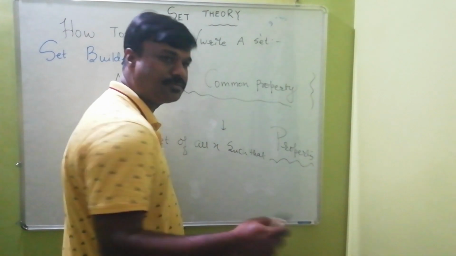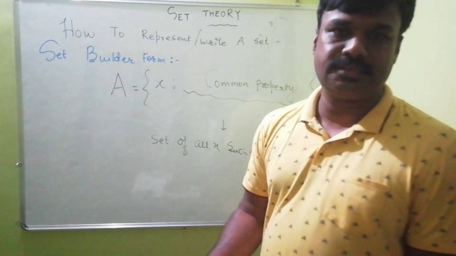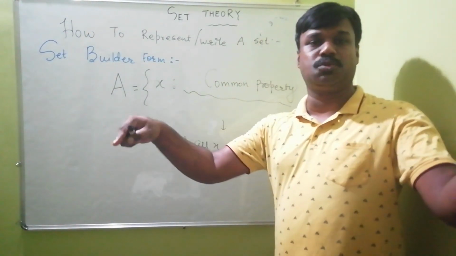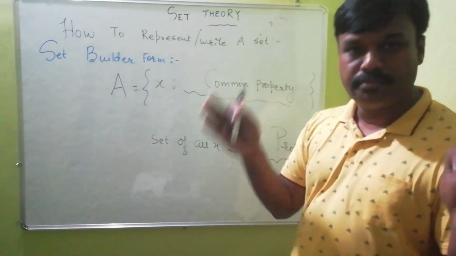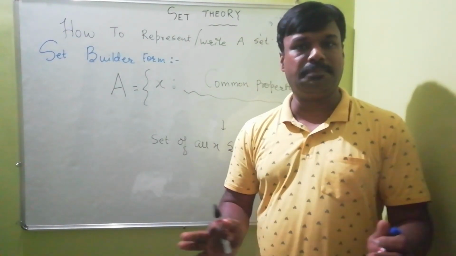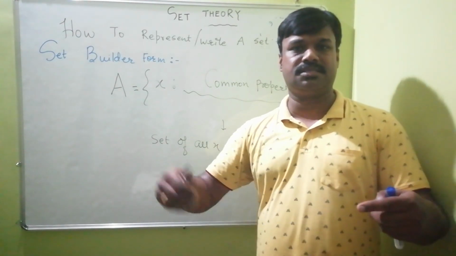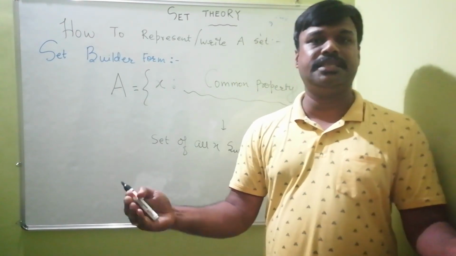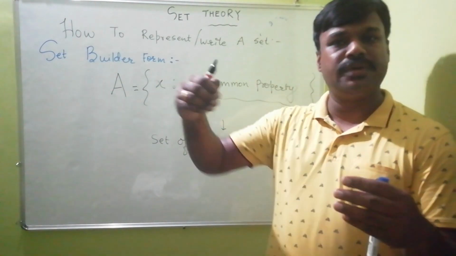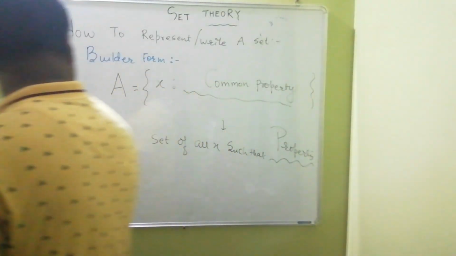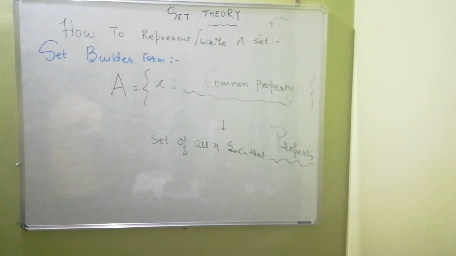And the way of writing different sets or even the same set by different students in set builder form may vary. So if your set builder form's language is different from your friends, don't think that you are wrong, because language may vary. So this is the way of writing set builder form.